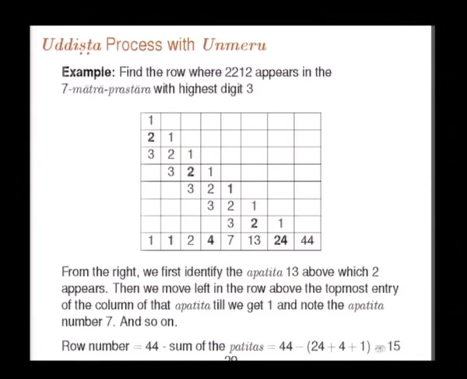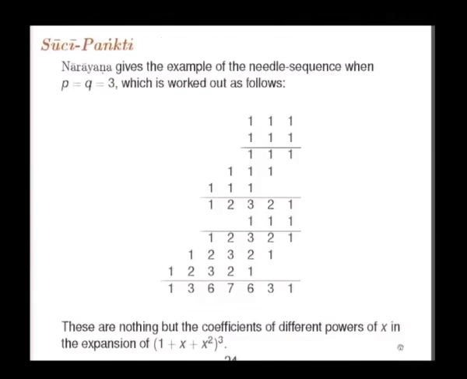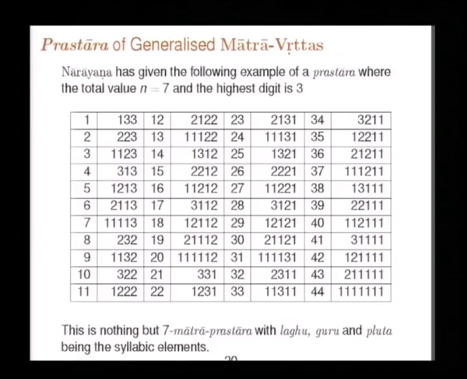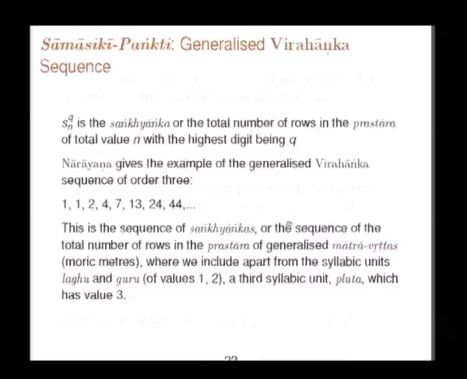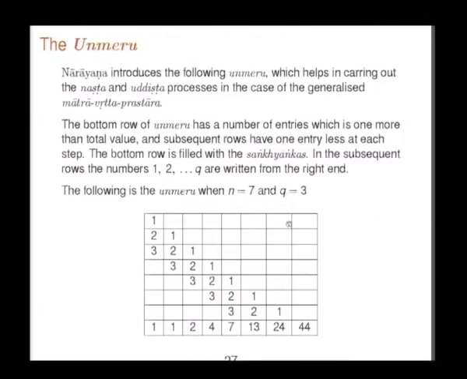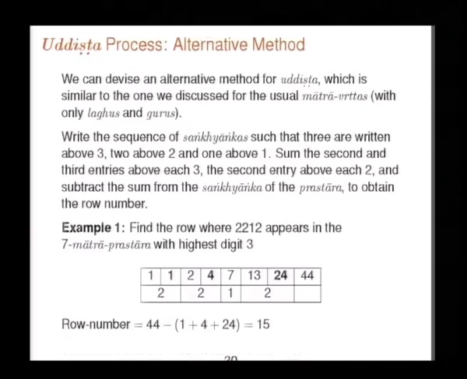So, 44 minus sum of the patitas is 15. So, 2212 should appear in the 15th row of our prastara. So, you can go back and check that. The 15th row is 2212.